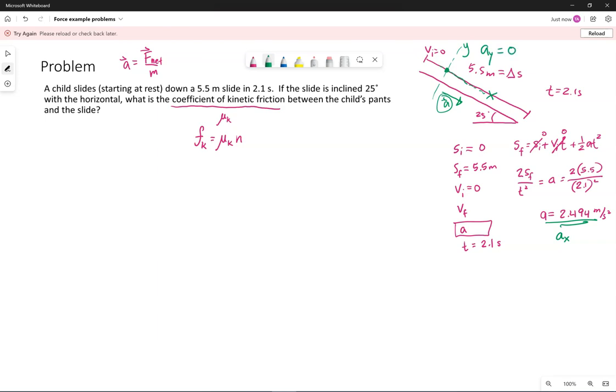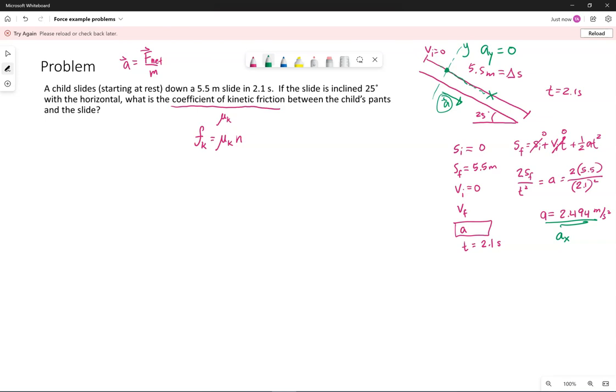But that's specific to this coordinate system that I have chosen. That's okay. We can choose any coordinate system we want as long as we maintain the correct signs and directions as we set up the equations. So it actually is nice to be able to say the acceleration is all in one direction.